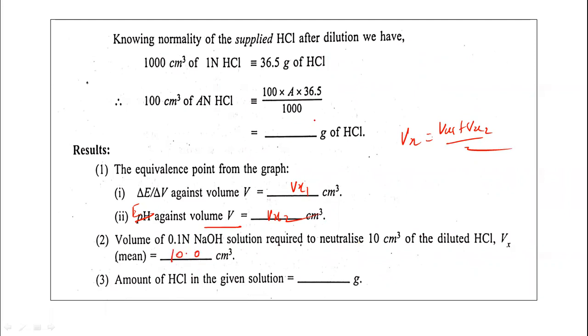By doing this calculation, we get the amount of the HCl. By putting the value here, we will get the amount of the HCl. In this way, we can perform this very simple experiment.